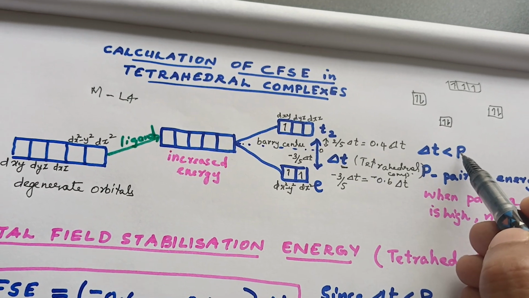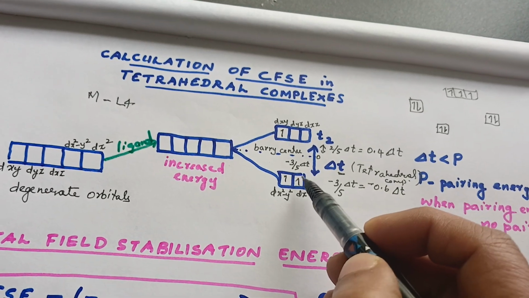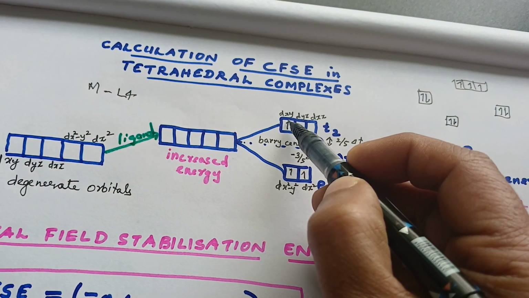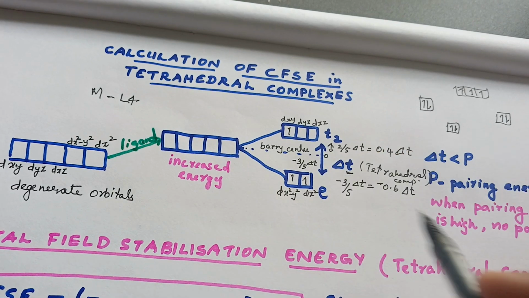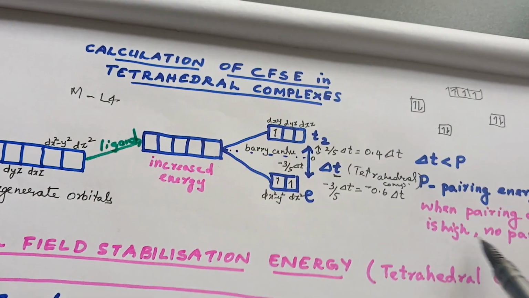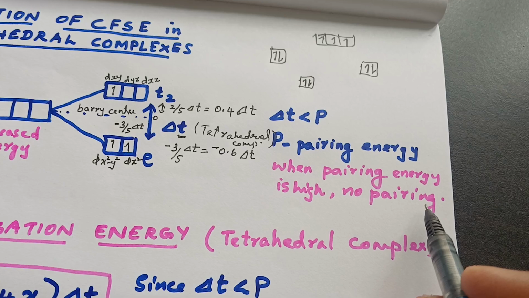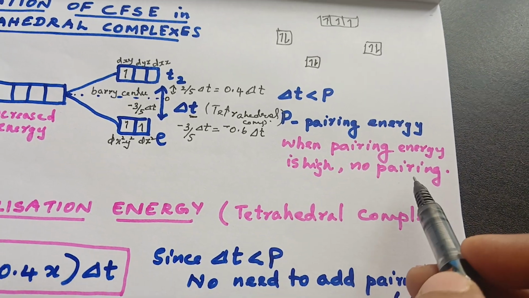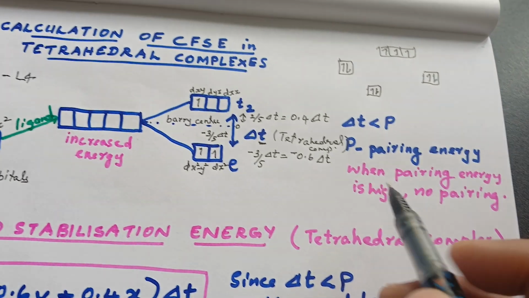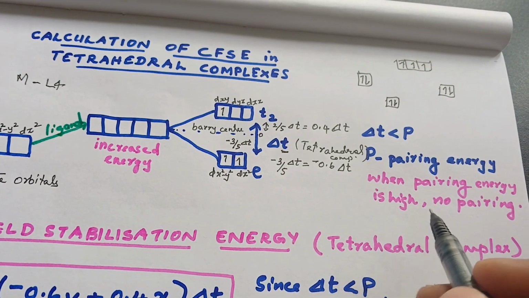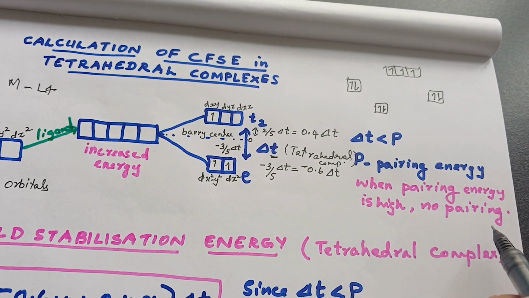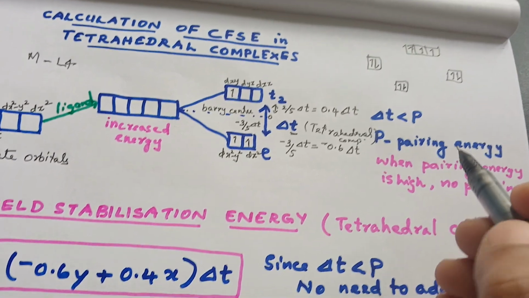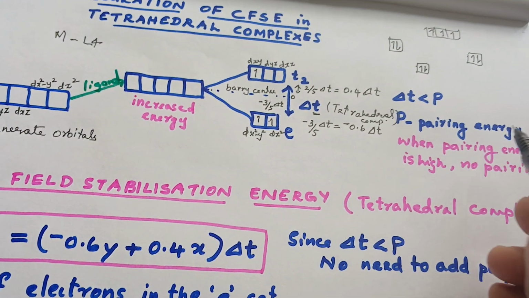But when the pairing energy is high, it is easier for those electrons to go to a higher level. So when pairing energy is high, no pairing takes place. So in the calculation of this crystal field stabilization energy, we need not consider the pairing energy if the pairing energy is high.